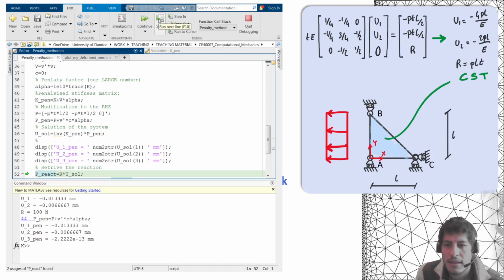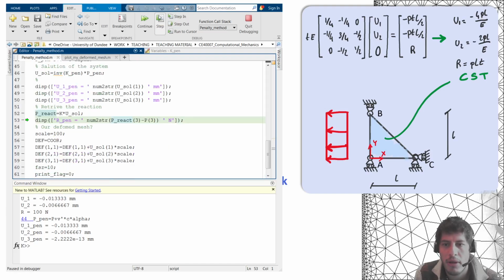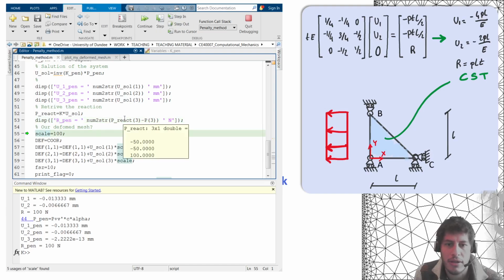So then we want to retrieve our reaction. So what will our reactions be? Basically, we calculate K, so the original stiffness matrix, times our solution, so our nodal displacement that we just obtained, and we obtain our P. And then we can display our reaction as P reaction, minus P3.